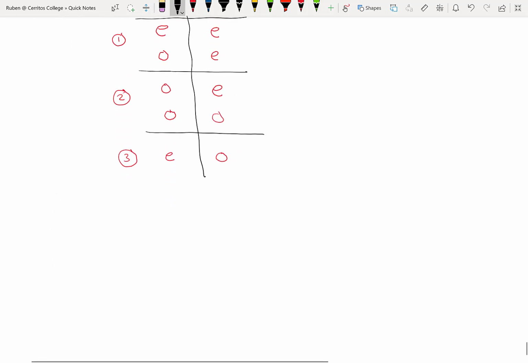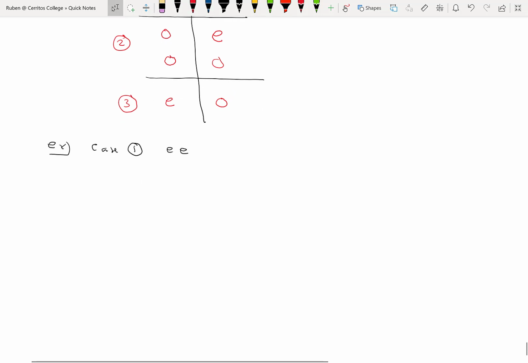We're going to look at specific examples of these things. Let's take a look at case 1, let's say both even, m even, n even.